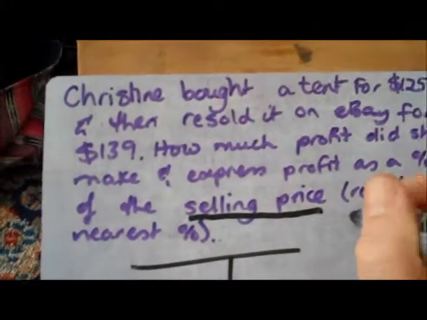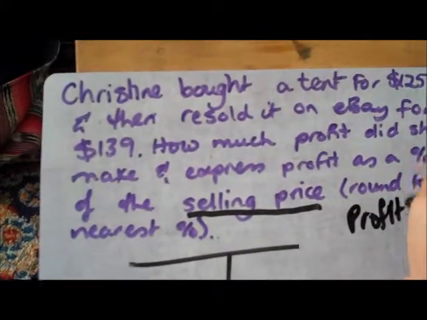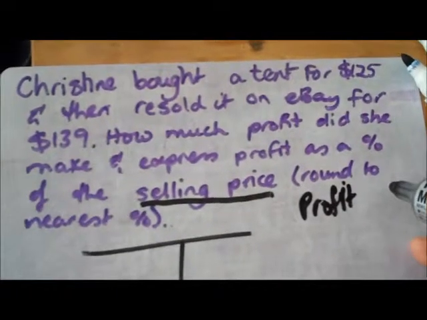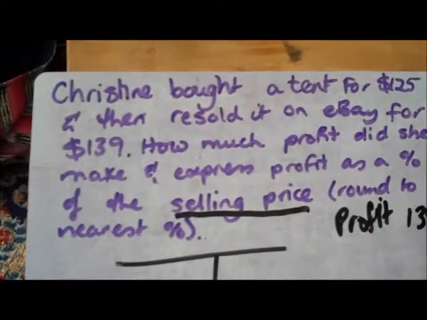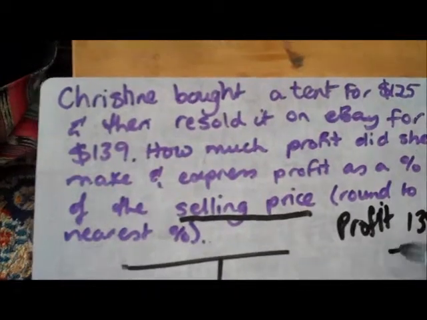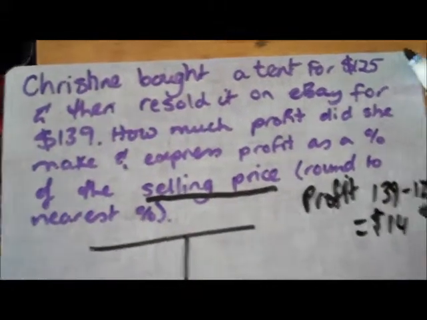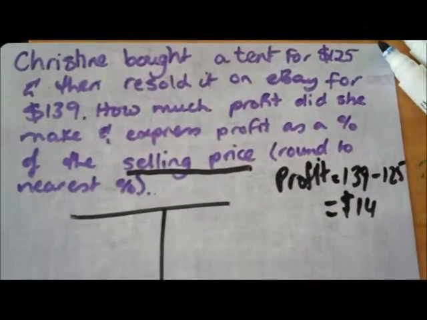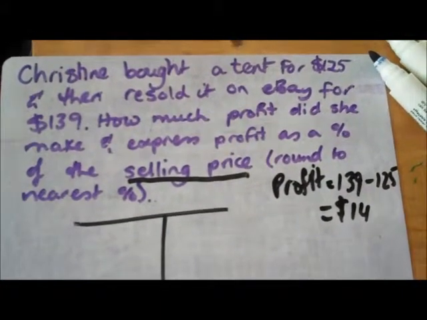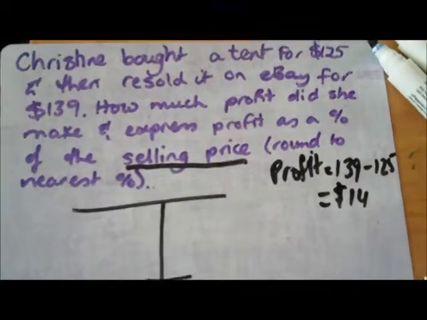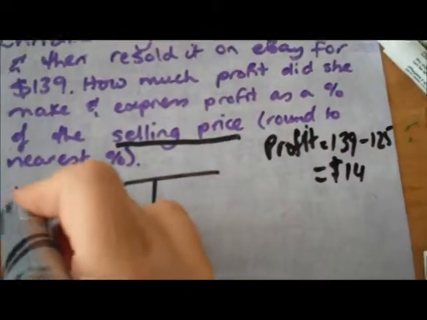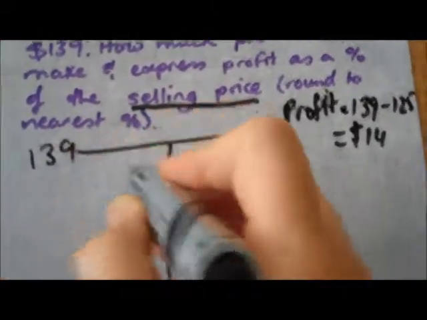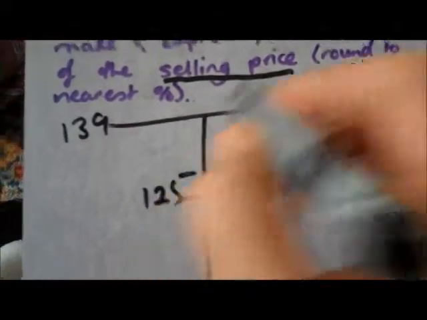So the profit will be the difference between $139 and $125, which is $14. Oops, sorry. $14 profit. So now you've got to express the profit as a percentage of the selling price. So I sold it for $139. I bought it for $125.